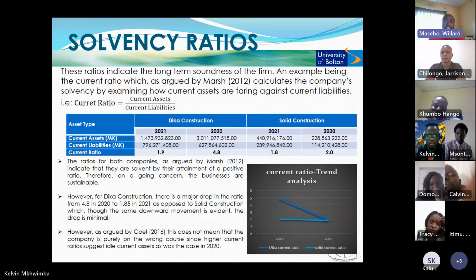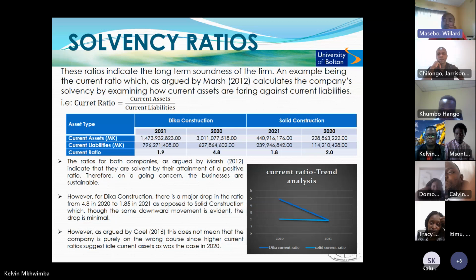Moving fast into the specific elements of each construction company, we see that for Dika Construction in 2020, its current ratio moved from 4.8 to 1.9, which was a decrease.